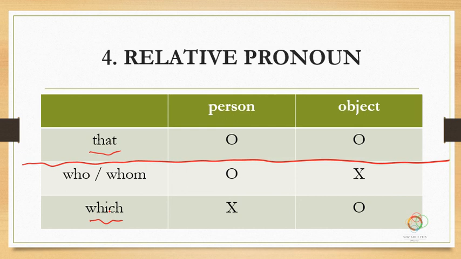But the traditional way is to say that begins a restrictive clause. The who and the which begin a non-restrictive clause, and so they should be used differently. And so there is a distinction there.